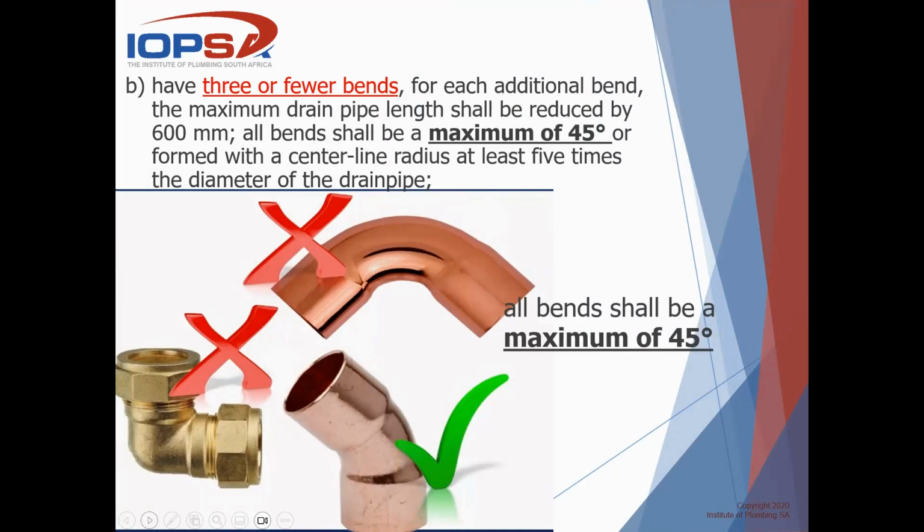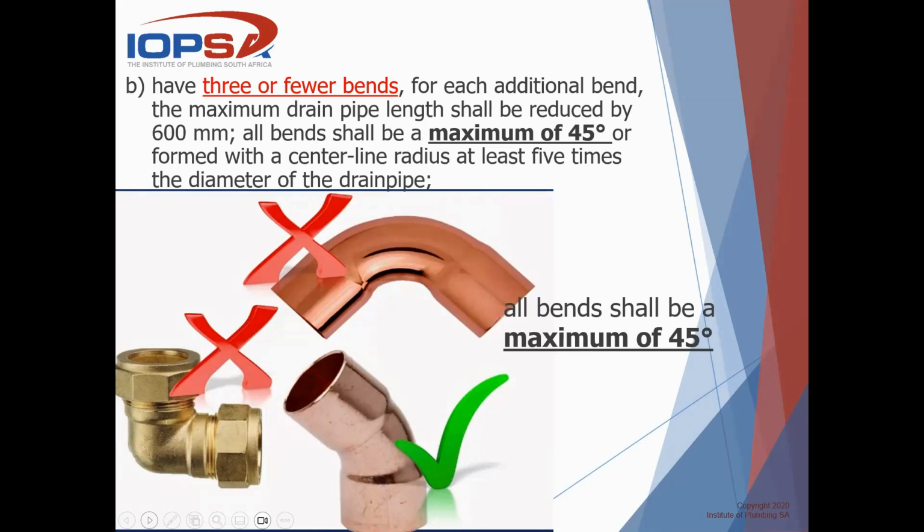So if it's a case that you're using 22 mil copper pipe, and you've used 3 bends and you need another bend to obviously get out to a discharge point, you could add a 4th bend, but you'll have to reduce the pipe size by 600 mils. So then you're not working with 4 meters, but you actually then only have 3.6 meters.